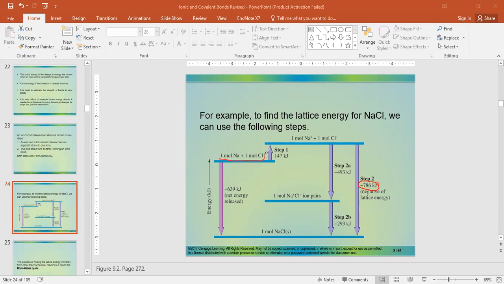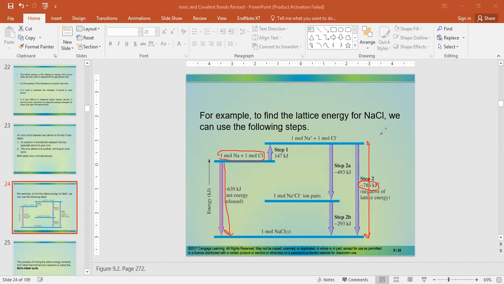Now, if you look at the beginning point here, and you are just coming down, and you compare with this point here, these are two processes. This one is what we call a direct process, and this is what we call the step-like process.